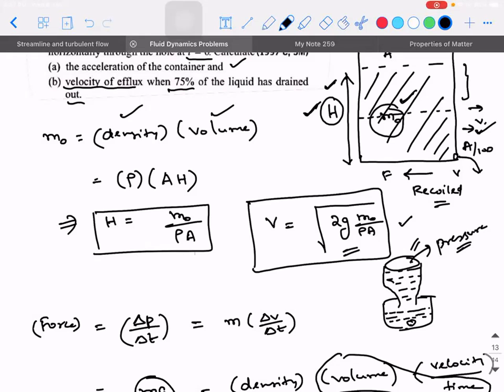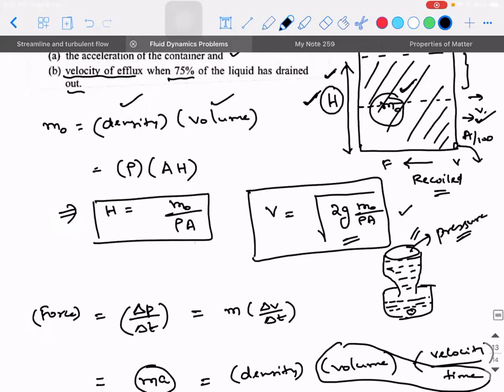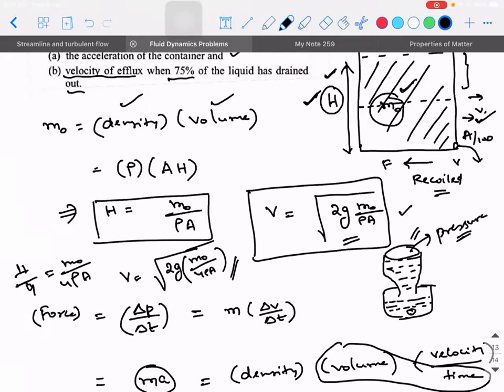So what is the change that we need to make here? H by 4 will be equal to m naught divided by 4 times rho a. So the speed of the efflux will be root of 2g into h by 4, that is m naught divided by 4 times rho a. This is going to be the speed when it is 75% empty, that is 75% of the initial amount is lost.